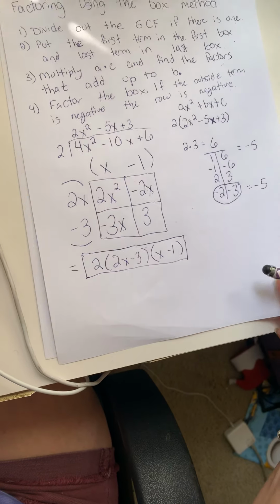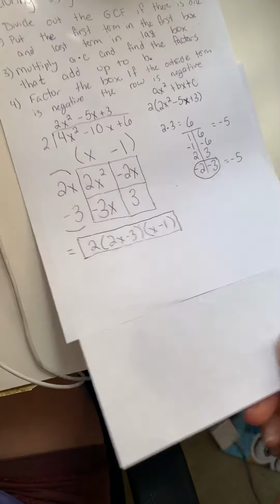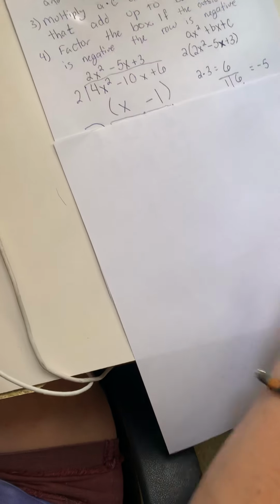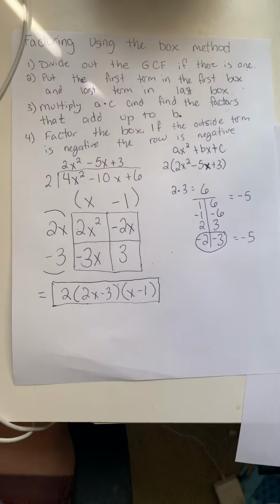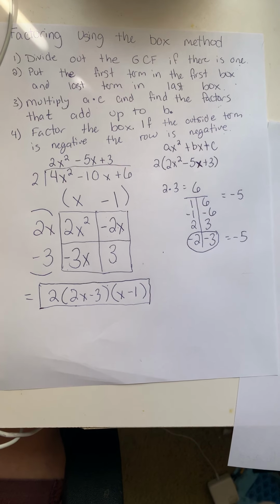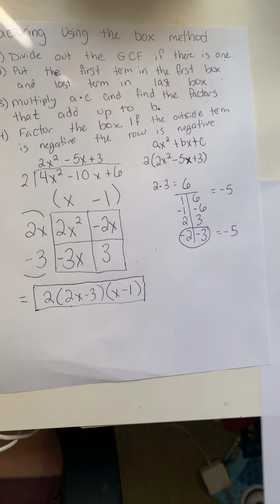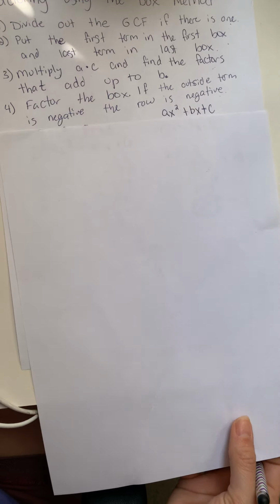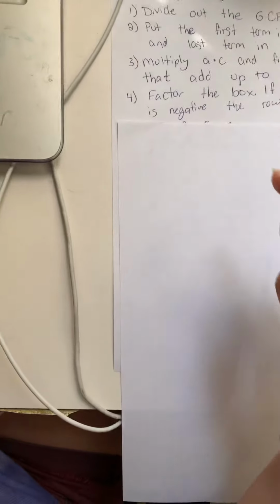All right, I'm going to put another piece of paper here and do another one. If you want to be able to see it for a second, take a screenshot for the notes. All right, I'm going to do another example. And I messed this one up earlier because I factored it wrong.